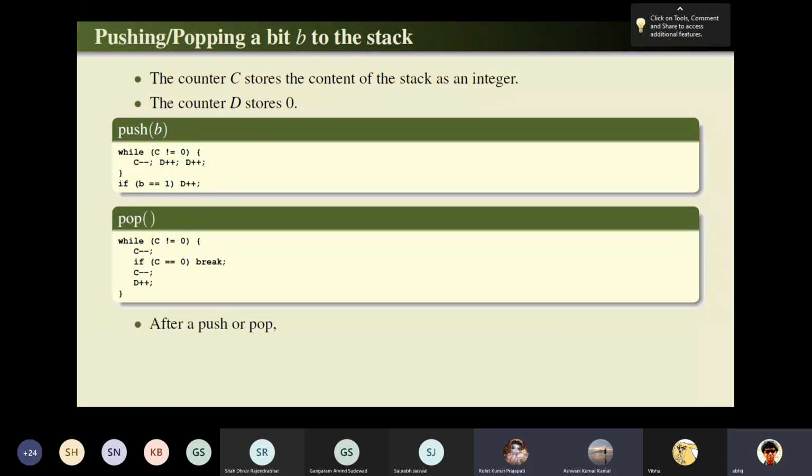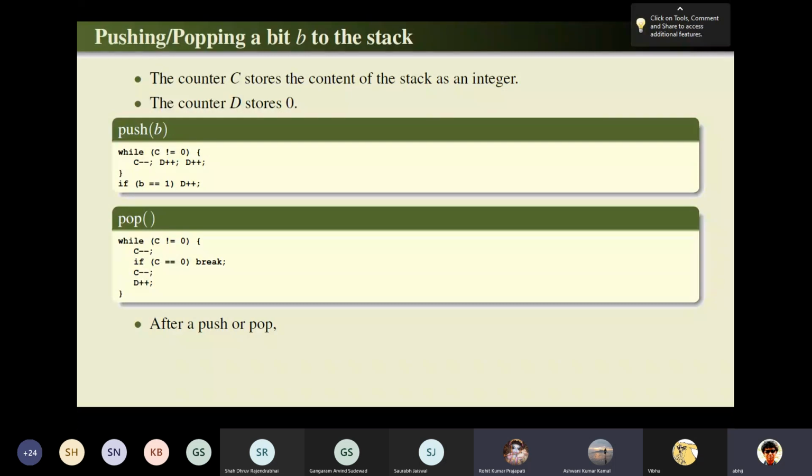And then what happens after a push or pop operation? C becomes 0 and D now stores the new value. So what can I do to handle this?